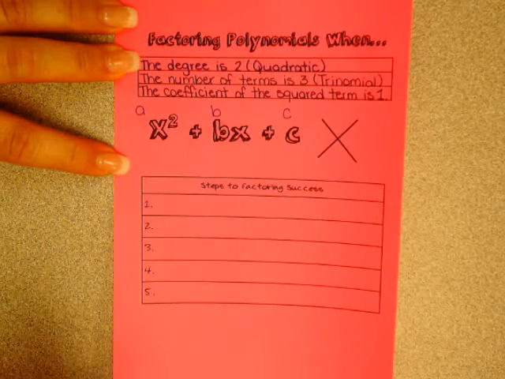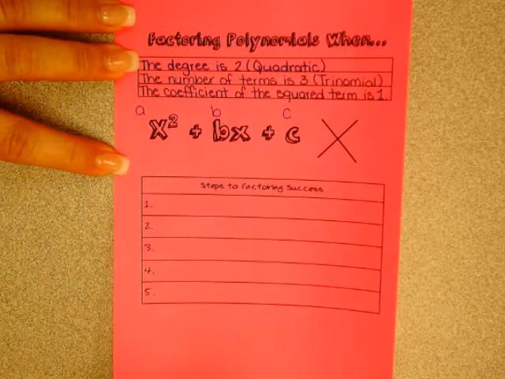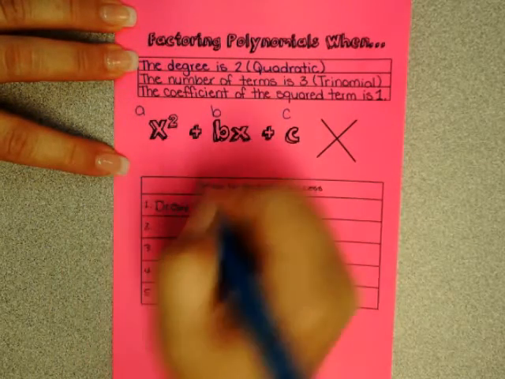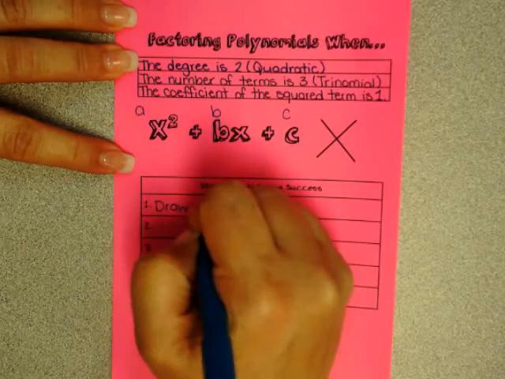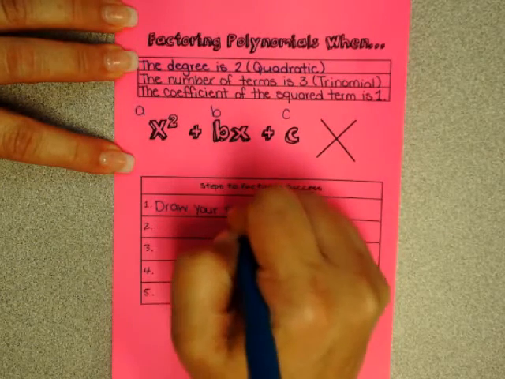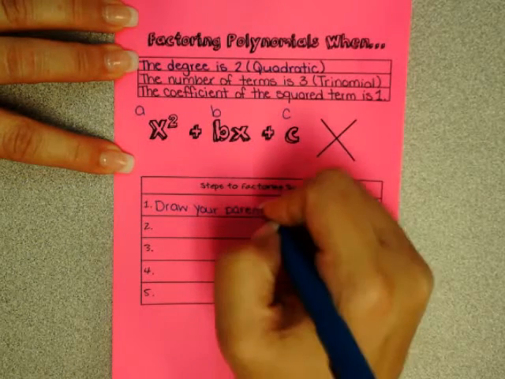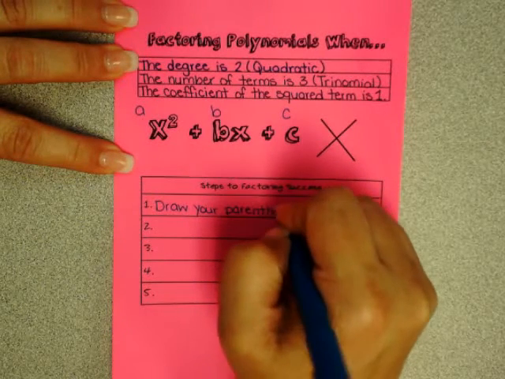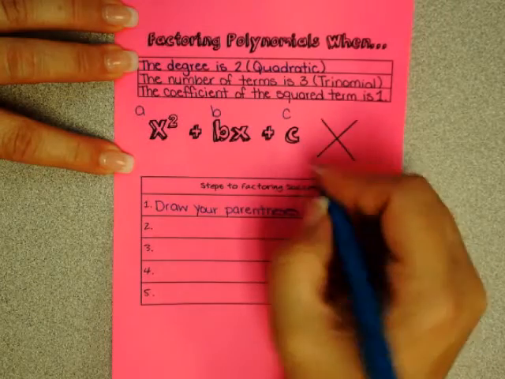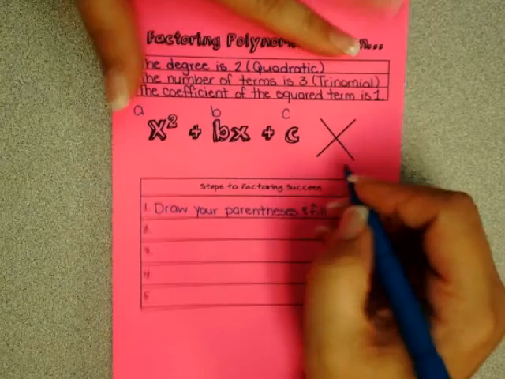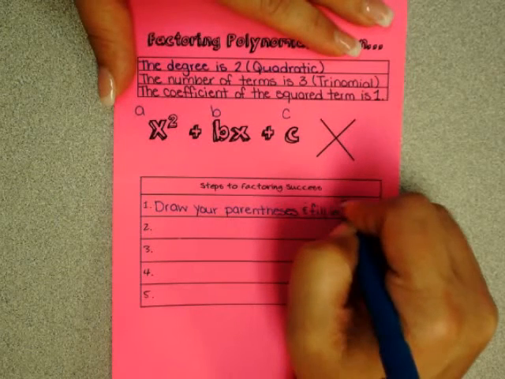Alright, so the first thing that we have to do, the first step, is to draw your parentheses and fill in the variable.